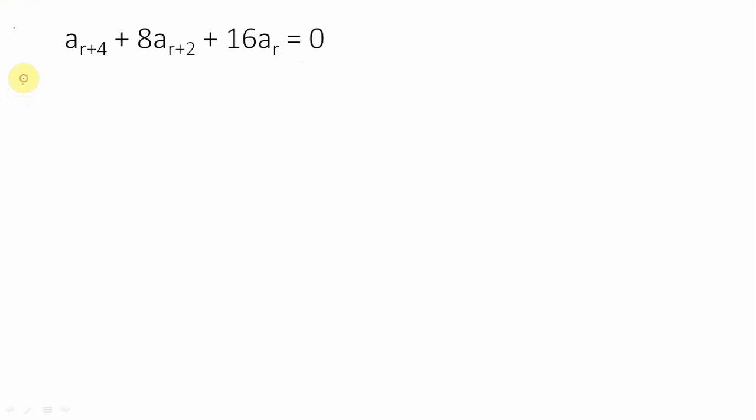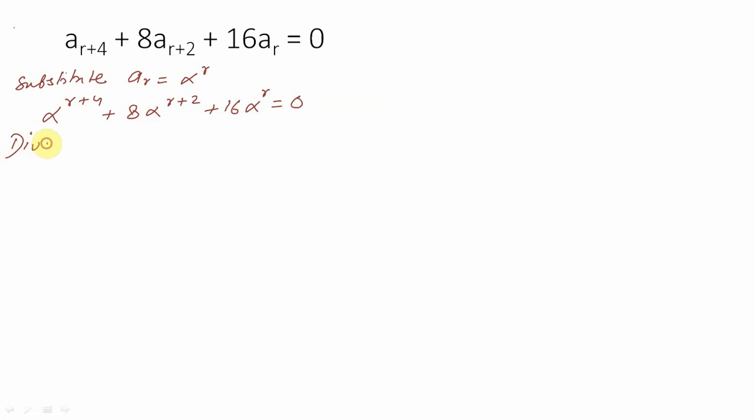So substitute AR is equal to alpha to the power r. So I get alpha to the power r plus 4 plus 8 alpha to the power r plus 2 plus 16 alpha to the power r is equal to 0. Now once again divide by alpha to the power r.